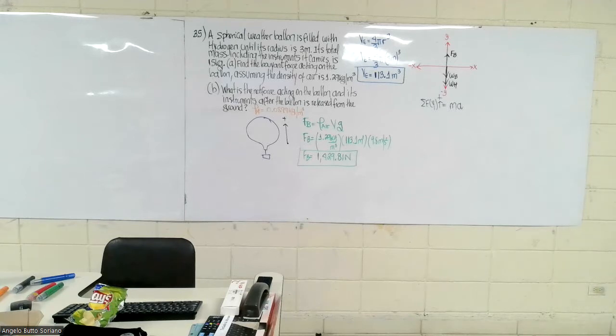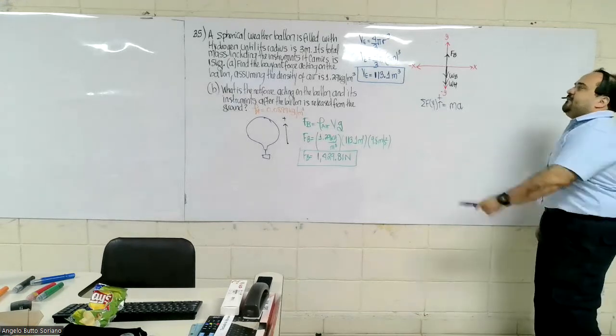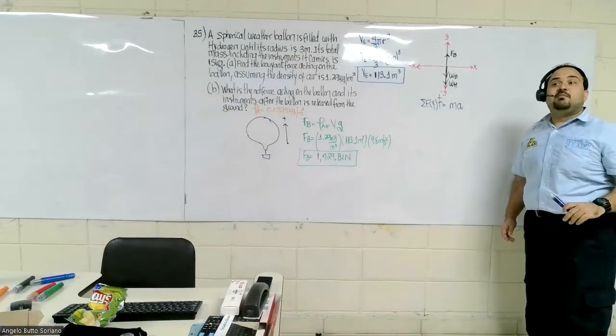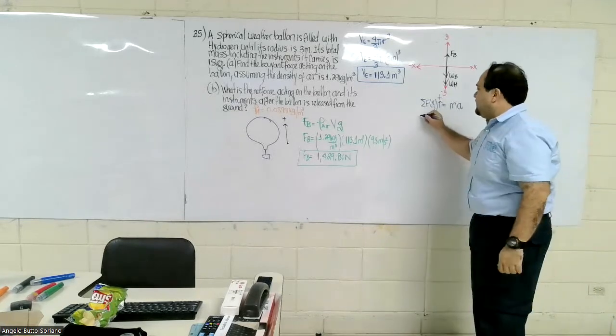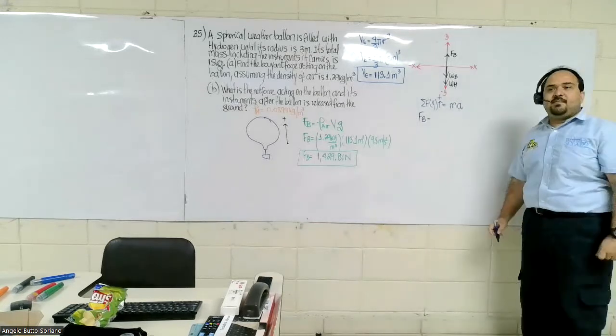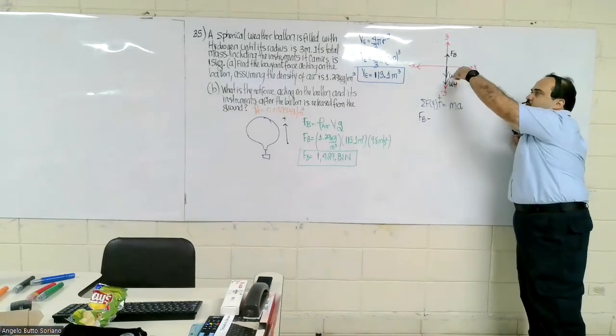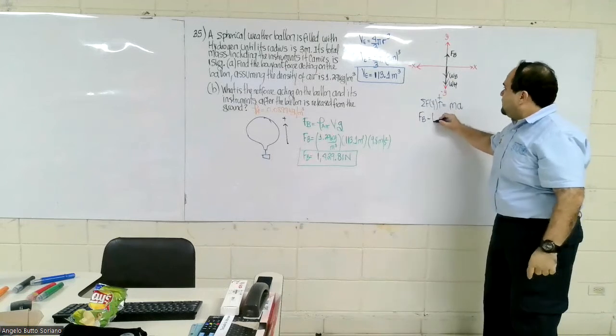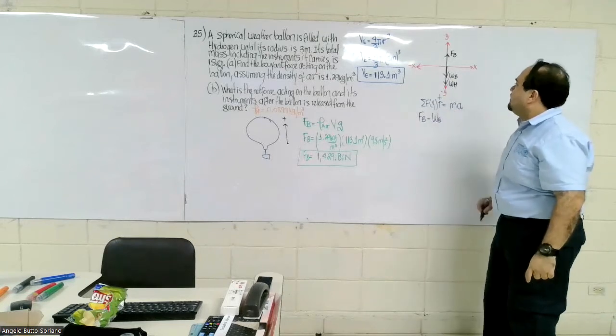Remember, mass times acceleration, because it's moving upward. This is not static. That's the main reason, because the balloon is moving upward. Now, let's create an equation. The first one, FB, will be positive FB, minus the weight of the balloon. Why is it negative? Because look at it, it's downward.